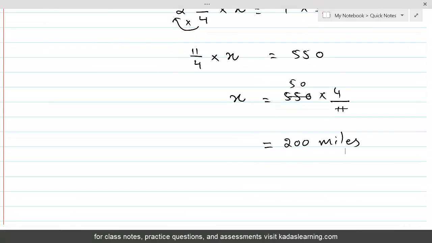That's why x must have a value that is expressed in miles. However, these miles, if you require, you could convert these into inches.